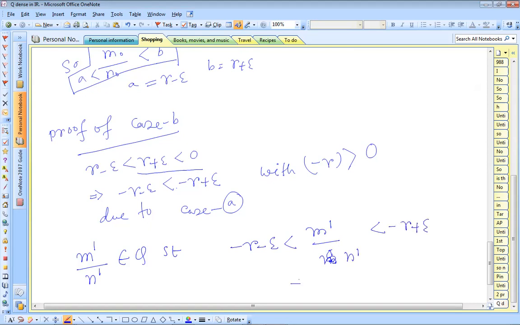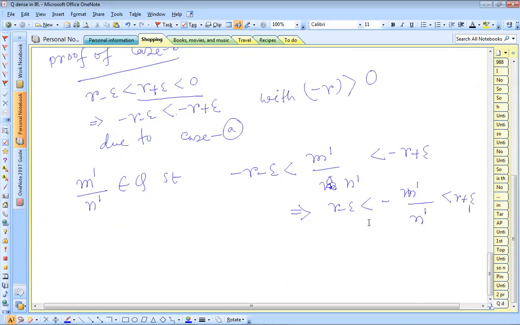So again multiplying by minus sign, we will get r minus epsilon less than minus m prime by n prime, which is less than r plus epsilon. This is what we want to show, that between r minus epsilon and r plus epsilon we get a rational number.